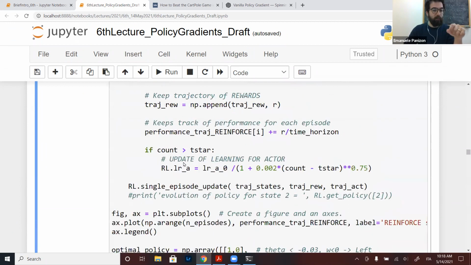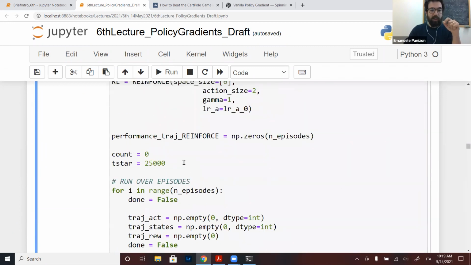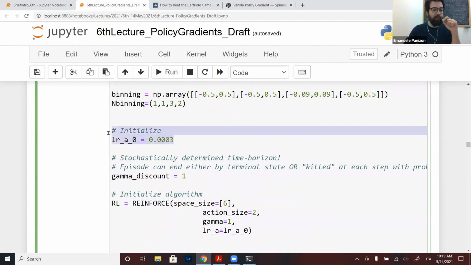Of course, I never deal with the fact that when you look at the learning parameters, it always seems that I'm putting random numbers. These are not random numbers. This is an extremely delicate matter. I always spend a lot of time to find a good range of learning rates.